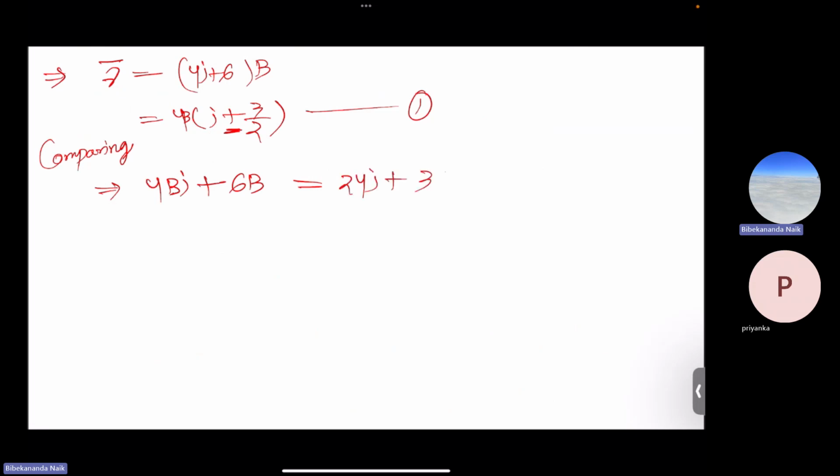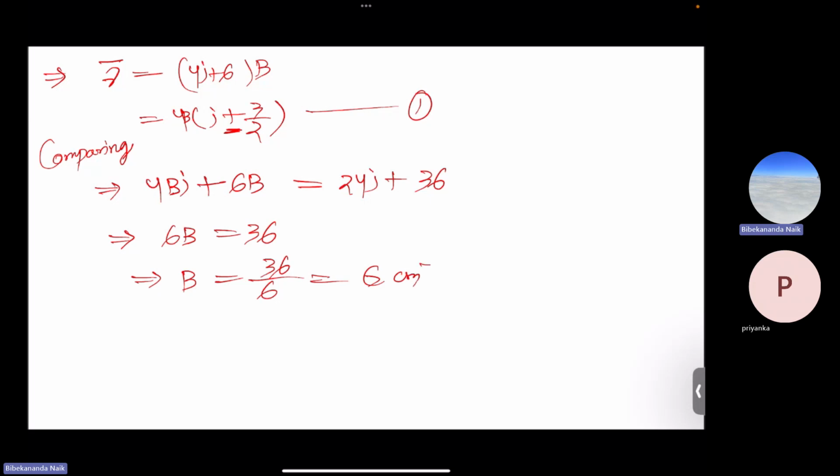In both cases, if you compare, you can easily get the value of B. So 6B equals 36, and B equals 36 by 6, that is 6 centimeter inverse.